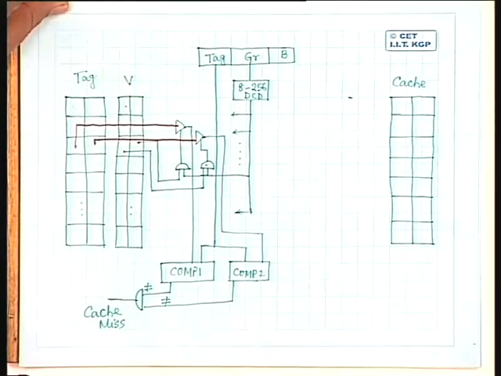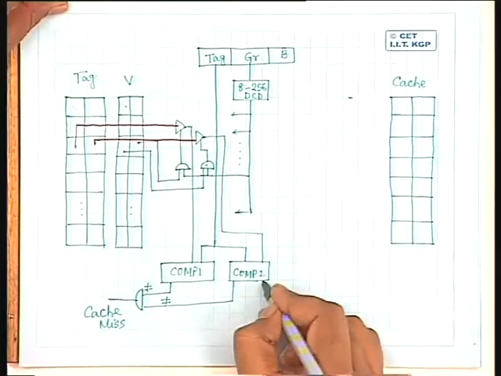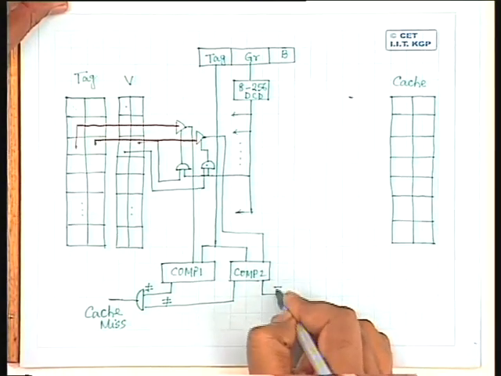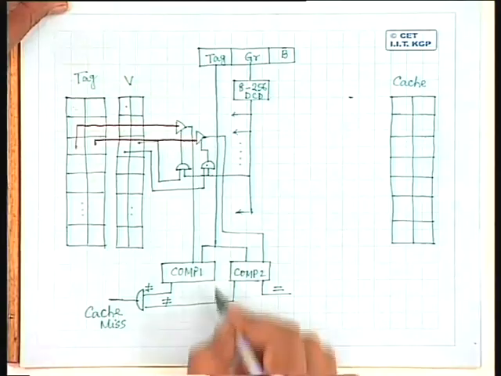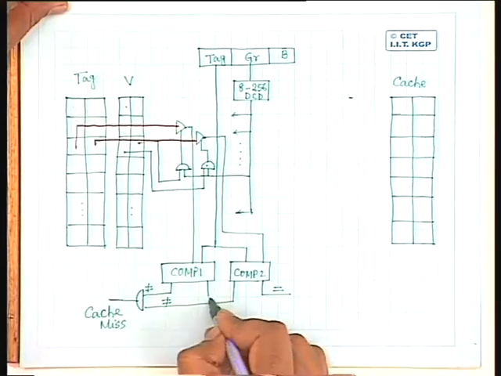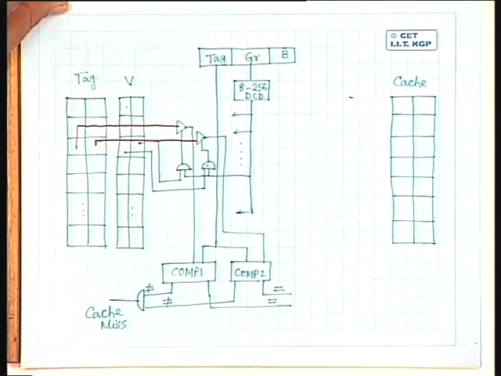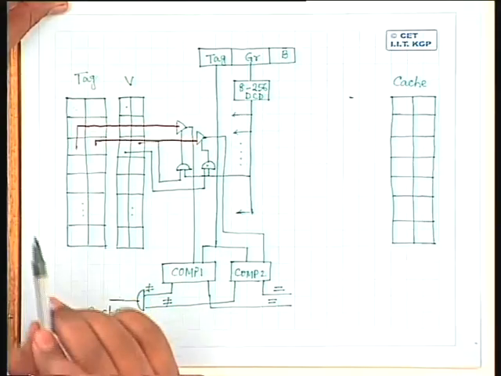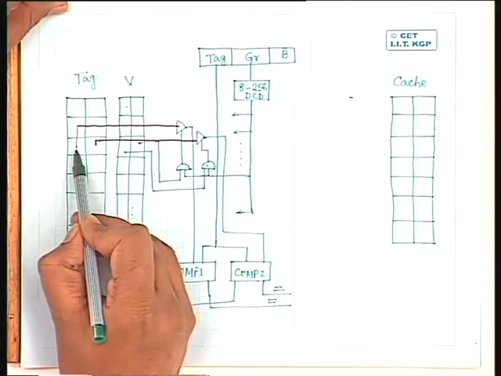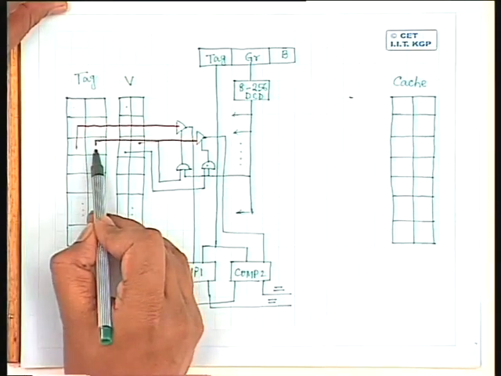Similarly, the cache hit condition will be either this one indicates a cache hit or this one indicates a cache hit, because the tag value of the requested block may be present either in this or in this.